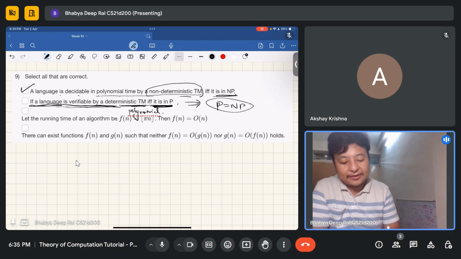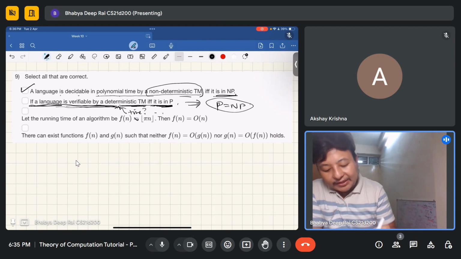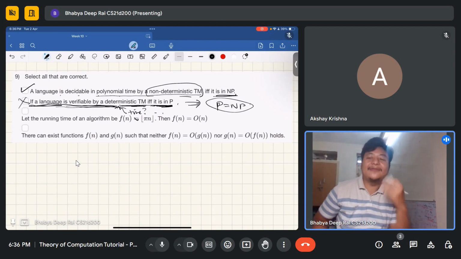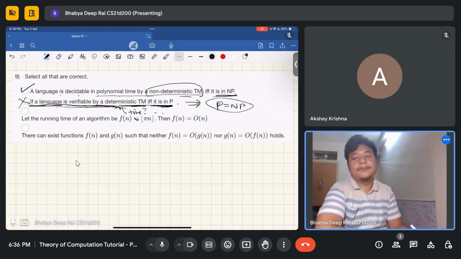And it is not even given what the time taken is, which would determine this question. So obviously this is not true. It is not known in the case of polynomial, and it is obviously false in the case of, let's say, an exponential verifier and so on.